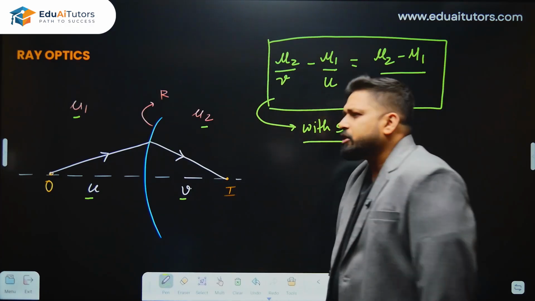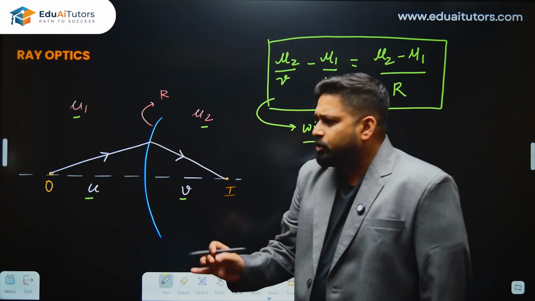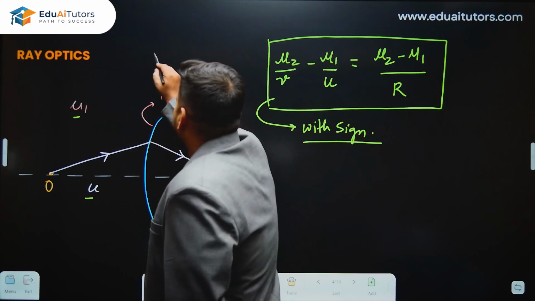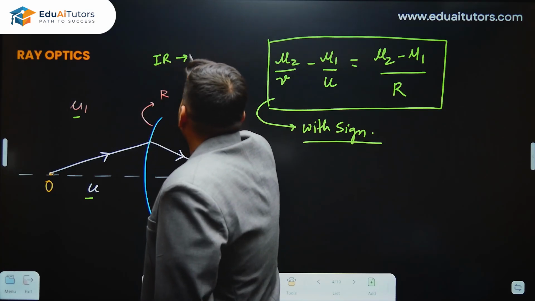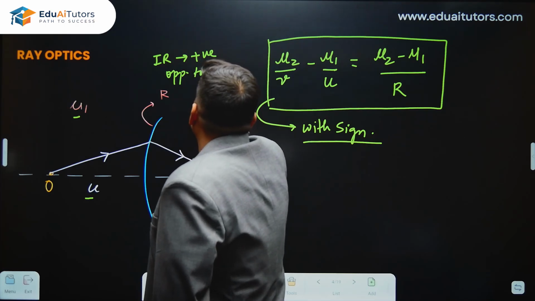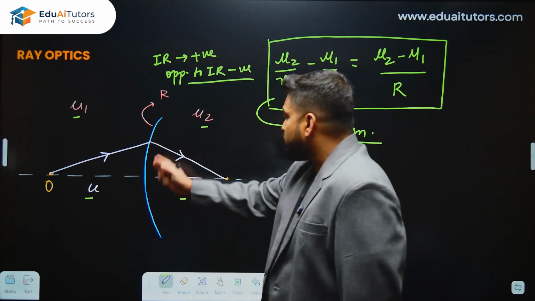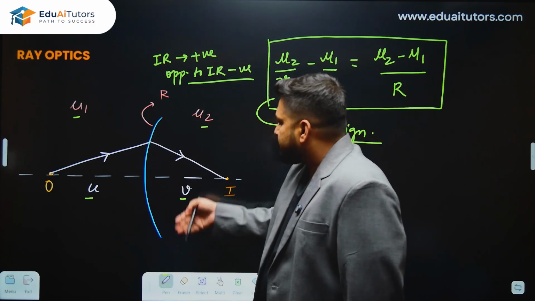And you must use this formula with sign. And what is the sign convention, by the way? Well, the sign convention: the direction of the incident ray is always positive, and the direction opposite to the incident ray is taken to be negative. So in this case, the curvature is in this fashion, right?